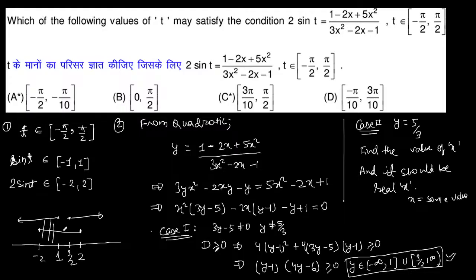So this is the common region. Now what are the values of this?